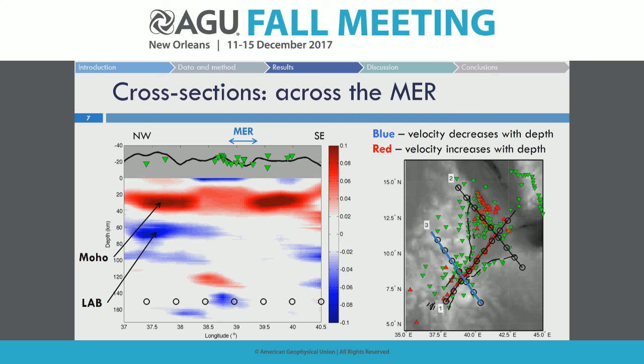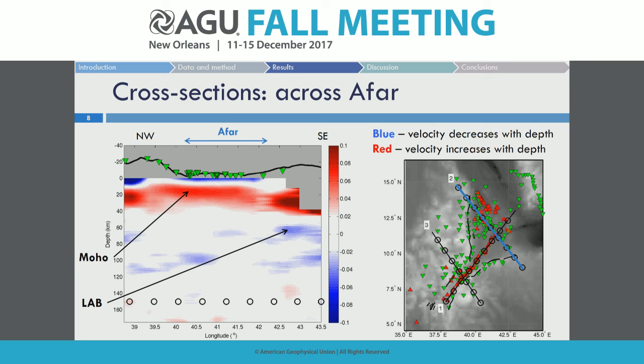And what is really interesting is that it actually disappears when we go beneath the MER and the Rift Valley. So if we go across Afar, again we have the Moho that shallows into the rift. But this time we have only a small signal of the LAB over here beneath the Somalian plateau, but it disappears again beneath the rift.